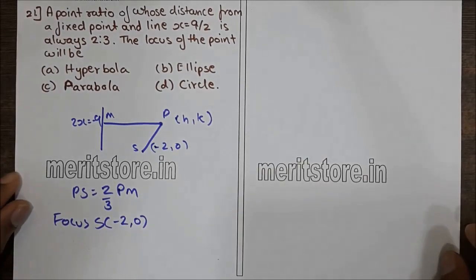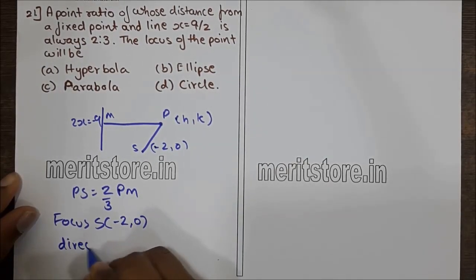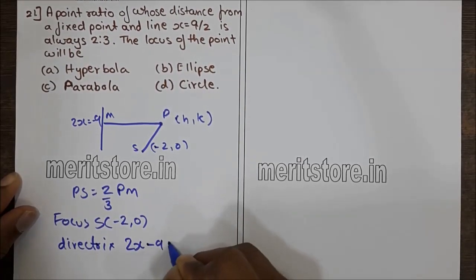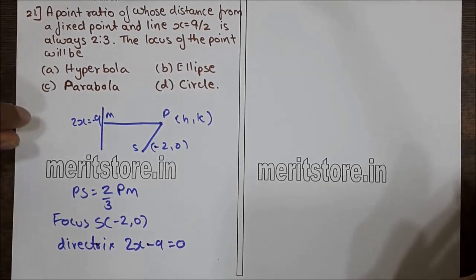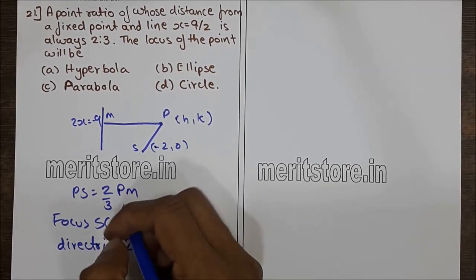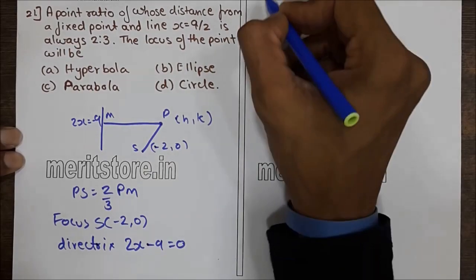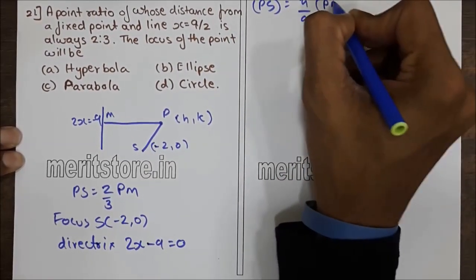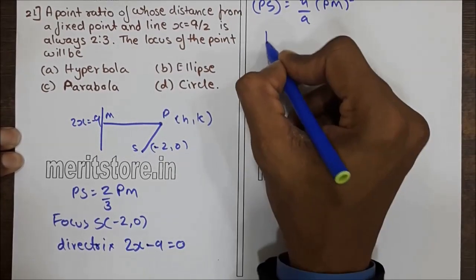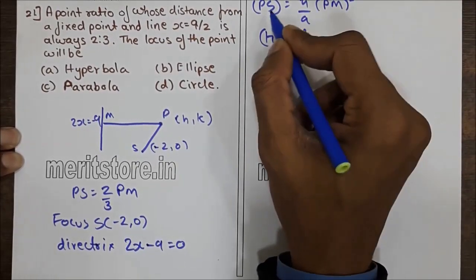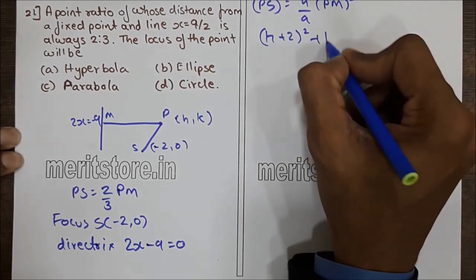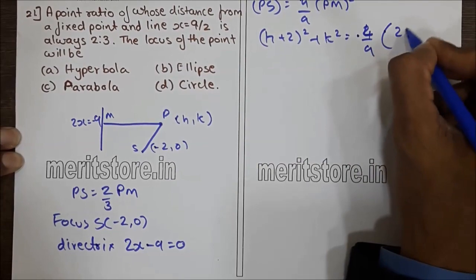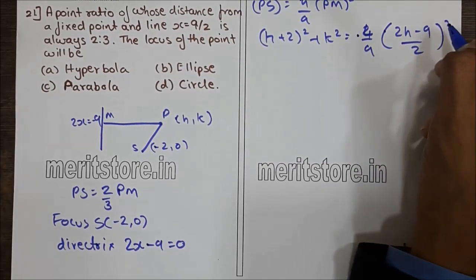So the equation of the directrix is 2x + 9 = 0. We solve this, we take square on both sides, we get PS² = 4/9 PM², which can be written as (h + 2)² + k² = 4/9 × ((2h + 9)/2)².